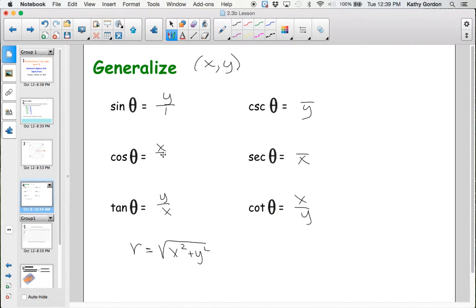So there, and there, and there, and there. It doesn't really affect tangent and cotangent because there weren't any r's involved. But it does affect my sine and cosine, and therefore my cosecant and secant, because now, what is the sine of theta going to have to equal? Y over 1 is y.